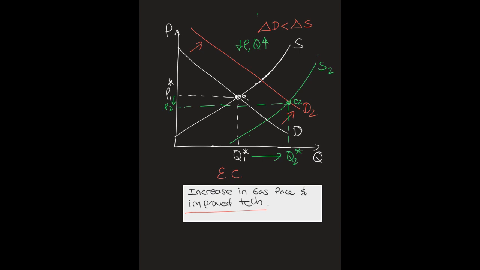So remember, technological improvements put downward pressure on the price, okay? An increase in demand for a good puts upward pressure on the price. In terms of quantity, the improved technology puts upward pressure on the number of units bought and sold, and increased demand also puts upward pressure on the number of units bought or sold.